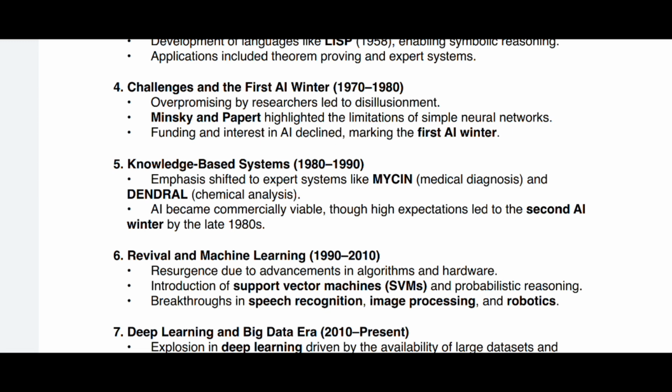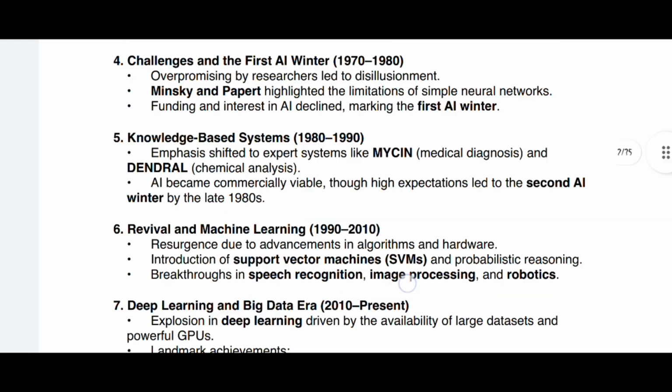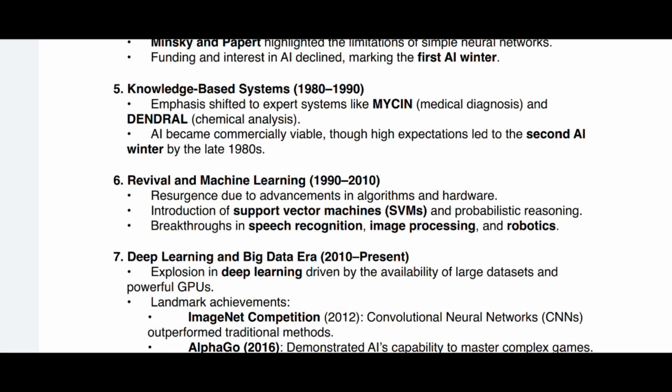AI became commercially viable, though high expectations led to a second AI winter in the late 1980s. Because problem solving seemed very easy, and they also did medical diagnosis and chemical analysis experiments, and LISP also started, we got an idea about this, and then the second AI winter began in the 1980s.